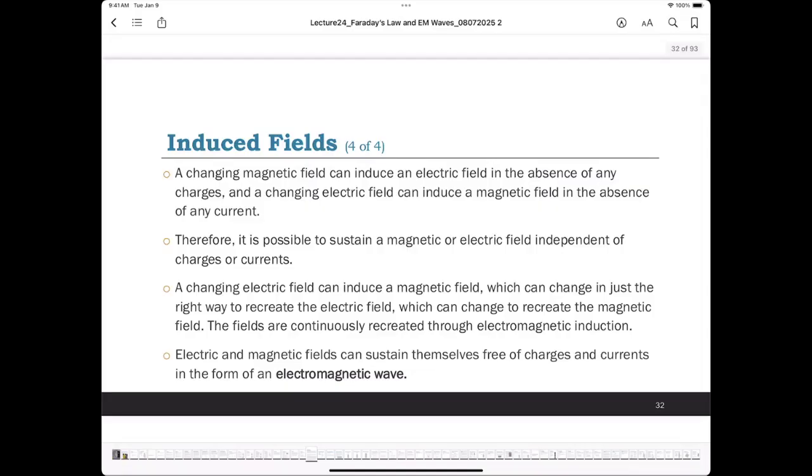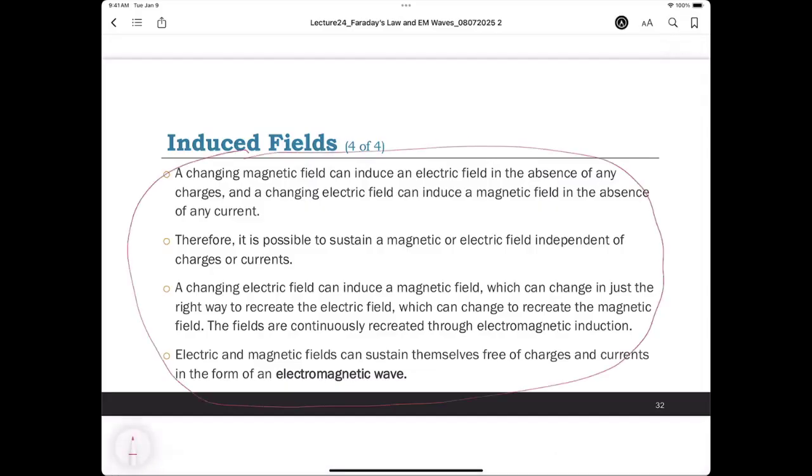And why does it have this feature? Because electric fields and magnetic fields can sustain themselves free of charge and current, in the form of an electromagnetic wave.